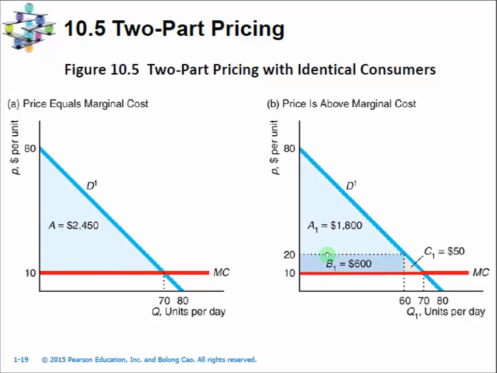But when you set the price equal to 20 per unit, all the consumer surplus that can be extracted is only 2,400. That's why if we have identical customers in the market and the firm has market power and can do two-part pricing, we simply set the excess fee as the complete consumer surplus that can be extracted and price our product at the marginal cost.